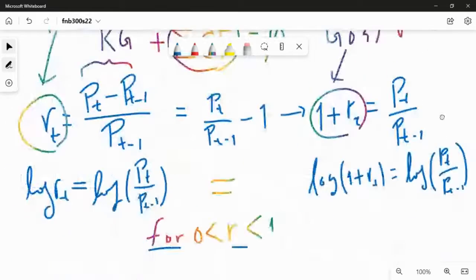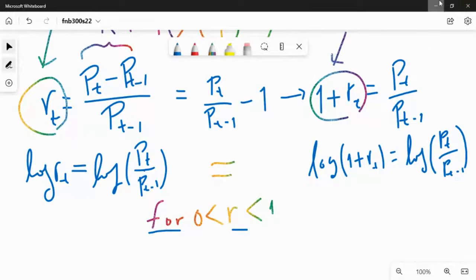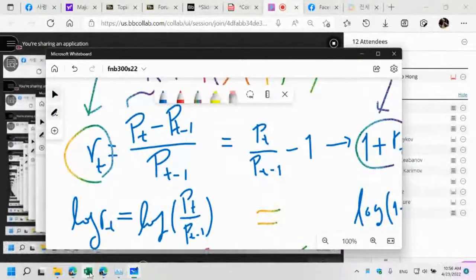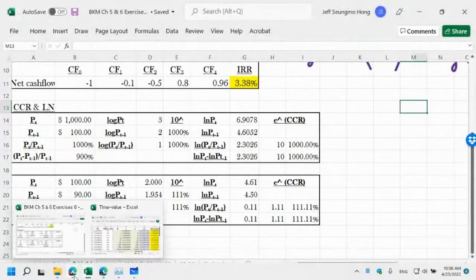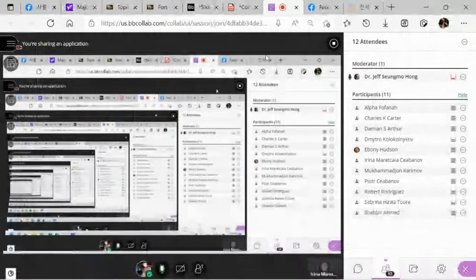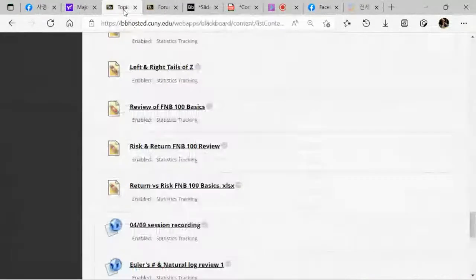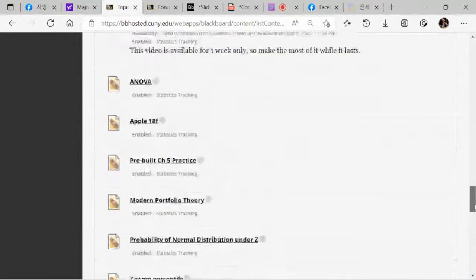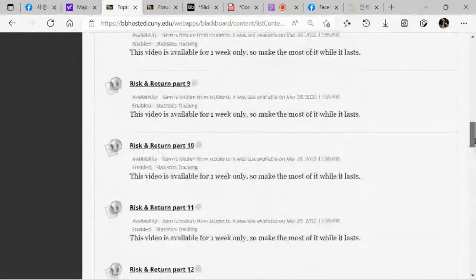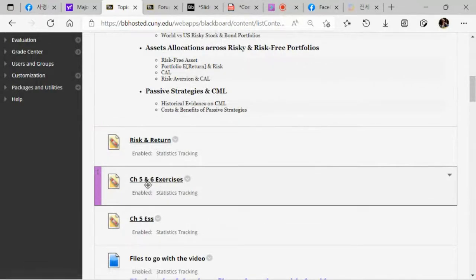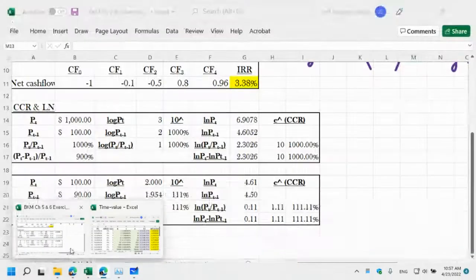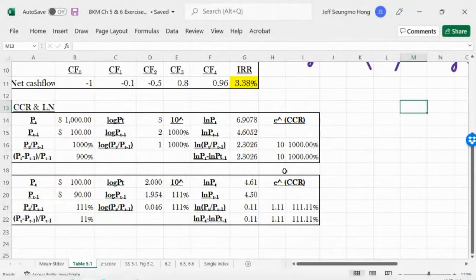So if you take the natural log, let me show you. This file is our chapter 5 and 6 exercises, and we were talking about this last time.